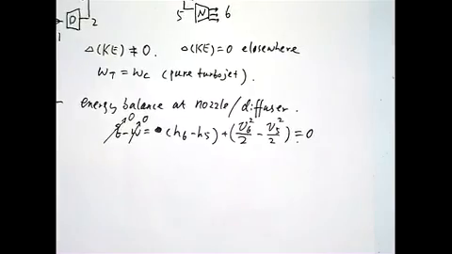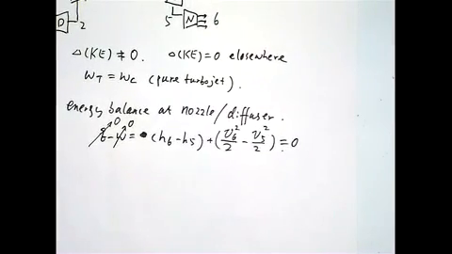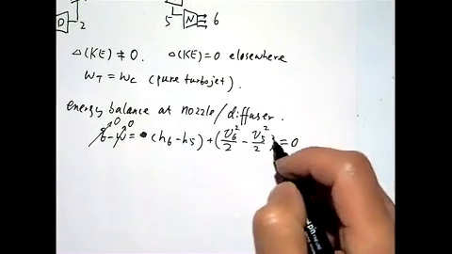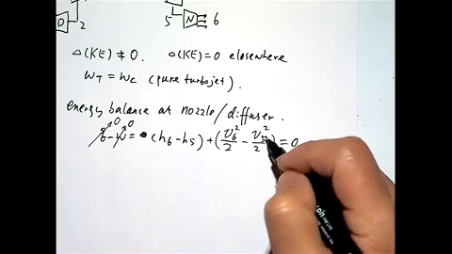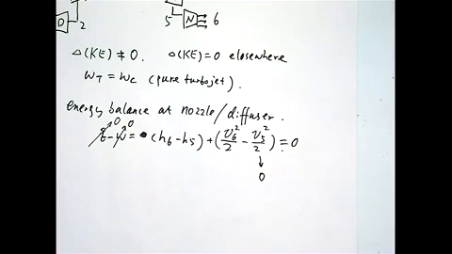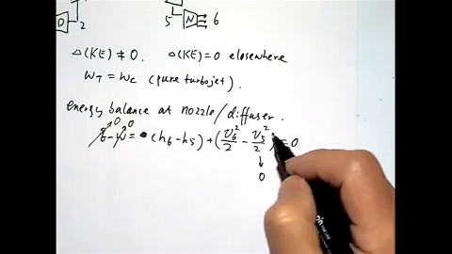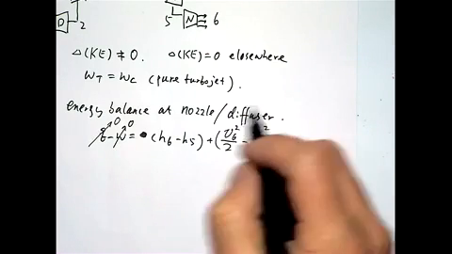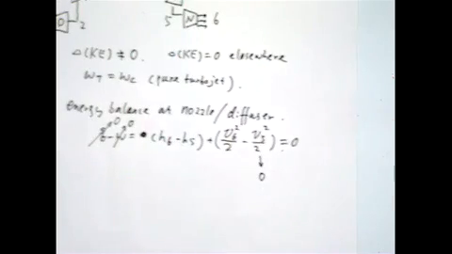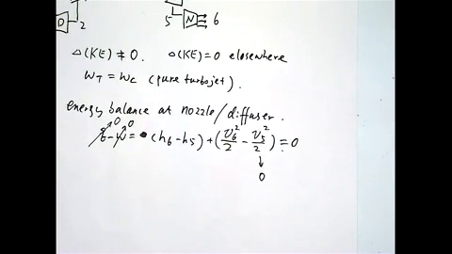So here we consider that, in general, this term is very small compared to the rest of the terms. The velocity at the nozzle inlet compared to the velocity at the nozzle outlet is very small, particularly considering this energy term.